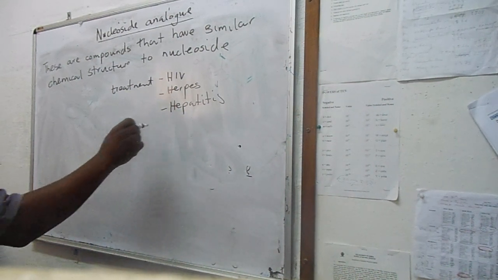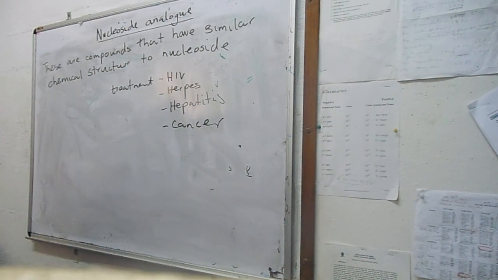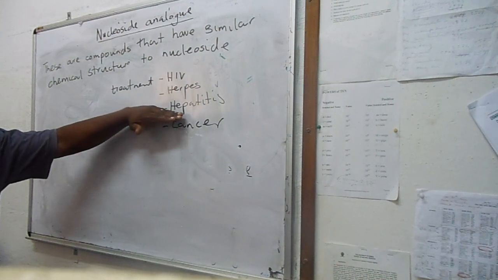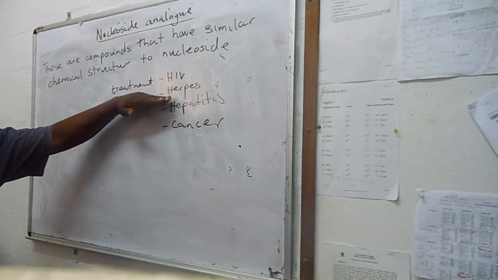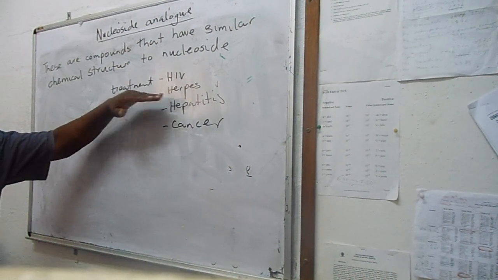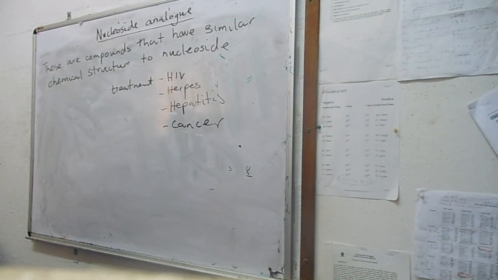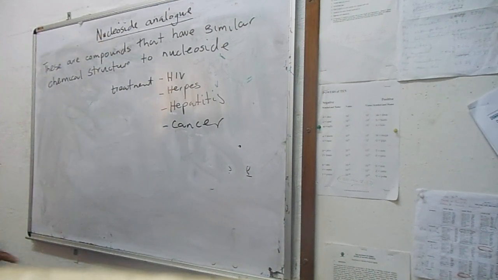Even cancer, I can't forget about cancer. Some drugs that we use for treatment of cancer, and hepatitis, that is the inflammation of the liver, herpes zoster, HIV, can be treated by nucleoside analogues.